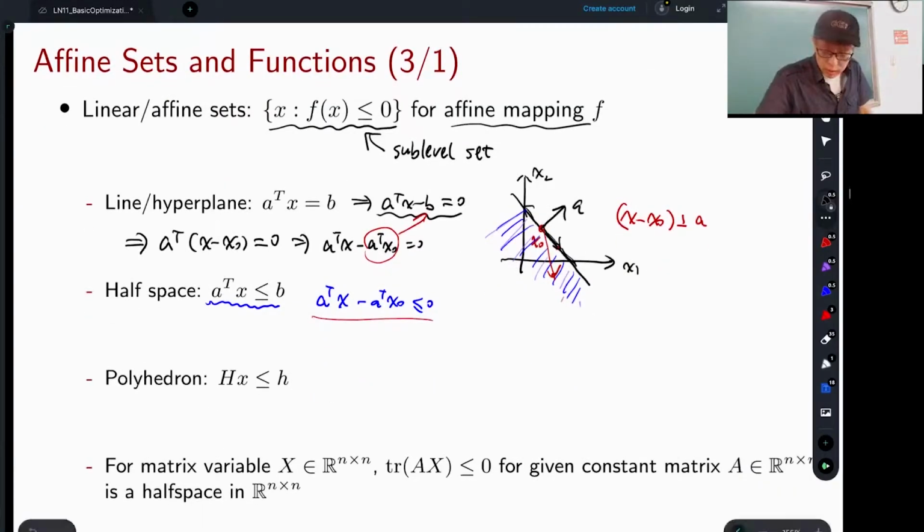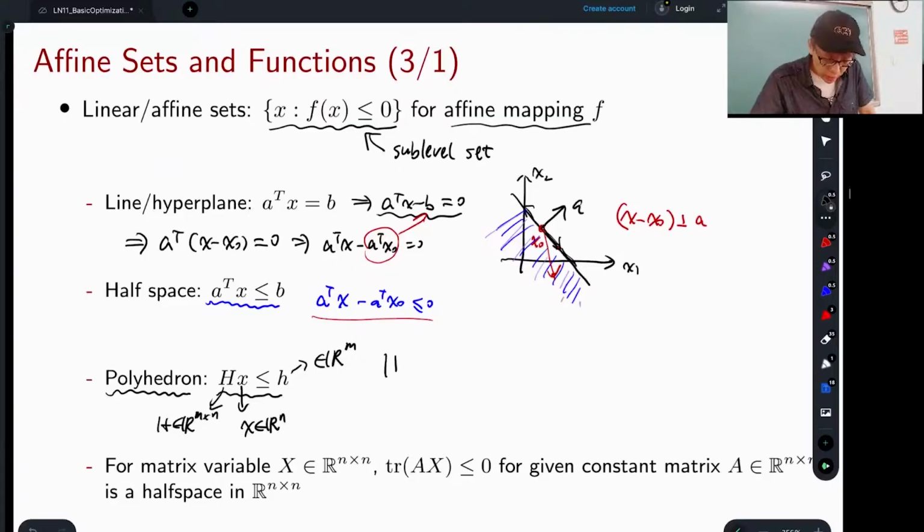Another key concept, especially useful for control and optimization, is intersections of half spaces, which are polyhedra. In this case, x is in Rn, and H could be in R m by n, and the small h is in Rm.